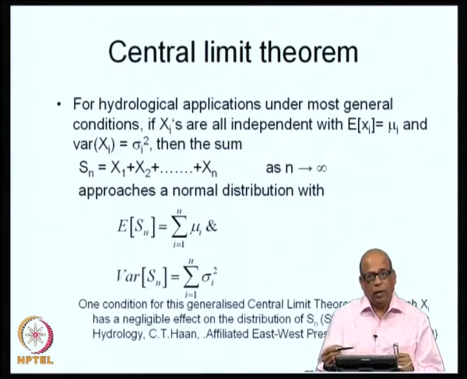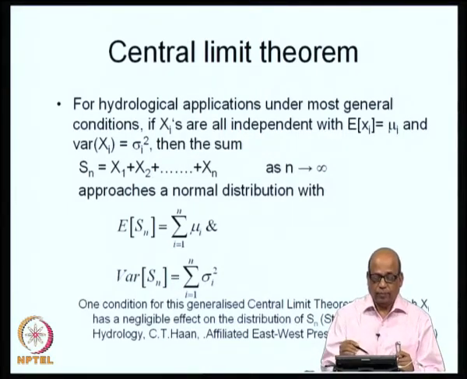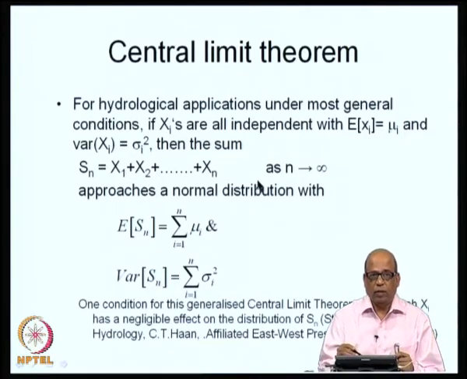But as long as we can assume X1, X2, X3 etcetera Xn as independent, then the sum X1 plus X2 plus X3 etcetera Xn approaches a normal distribution with expected value of Sn given by the sum of mu_i's over all i's and variance of Sn given by the sum of all the variances, i is equal to 1 to n.